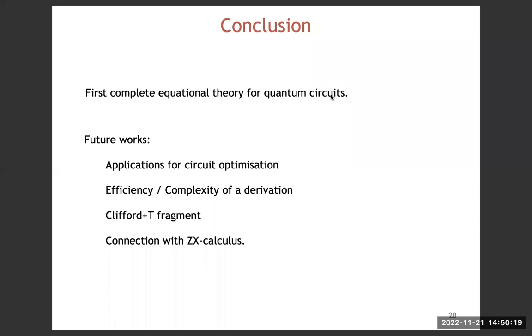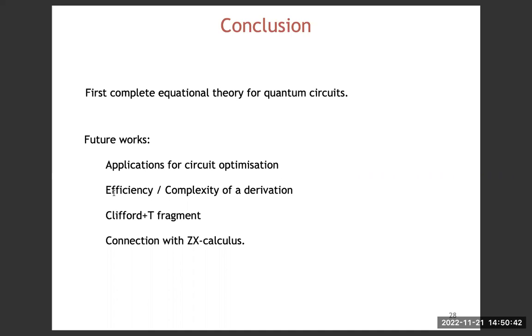So now we need strategies, we need things like this in order to really use this equational theory to simplify circuits and see if it's interesting to use this equational theory. Maybe it's better to use ZX with the standard techniques of optimizing in ZX and then extracting a circuit from this. Okay, so I don't know the answer for this.